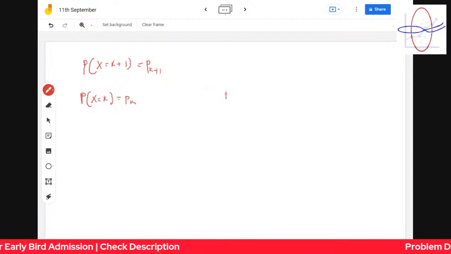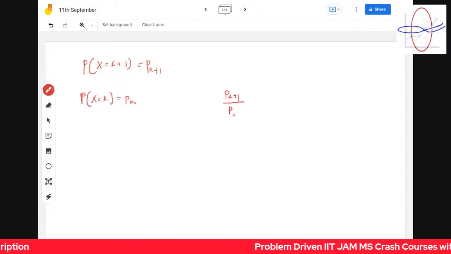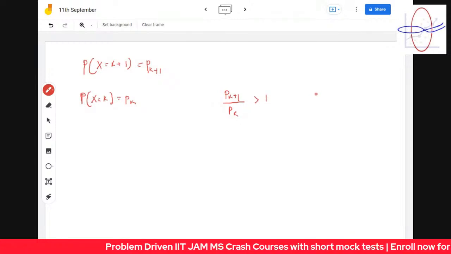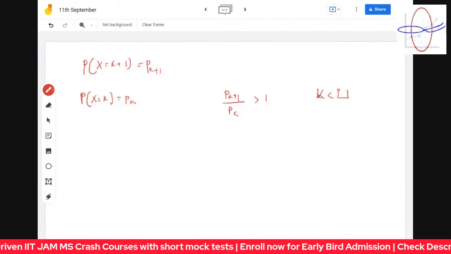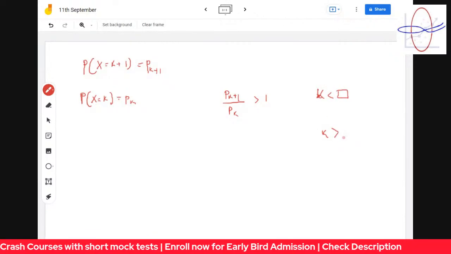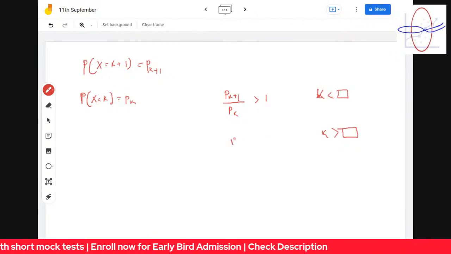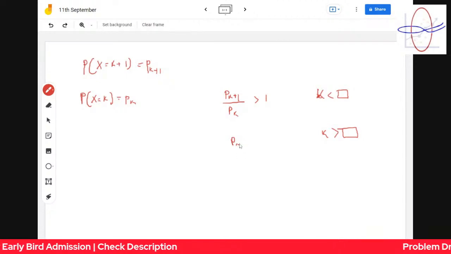So let's look at the ratio p_{k+1} by p_k. It will be greater than 1 while it is increasing up to a certain point, and after that the p_k's will be decreasing, so the ratio will be less than 1.